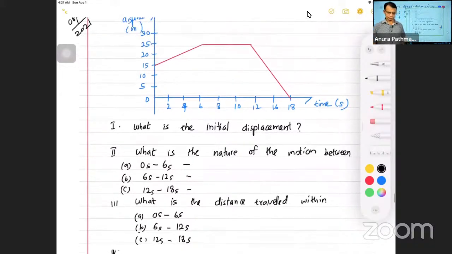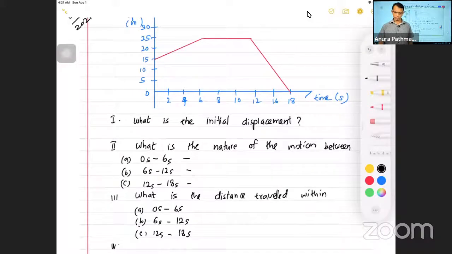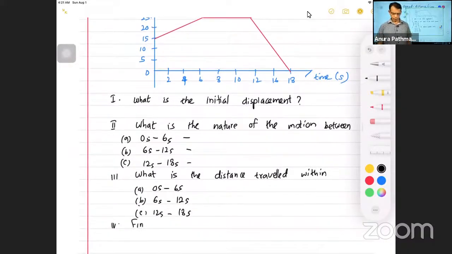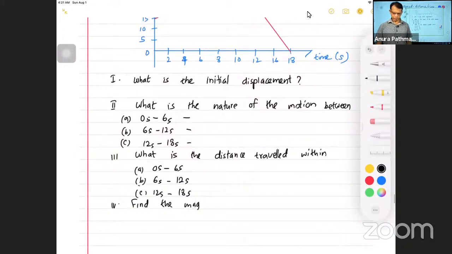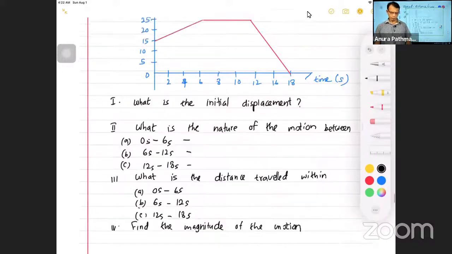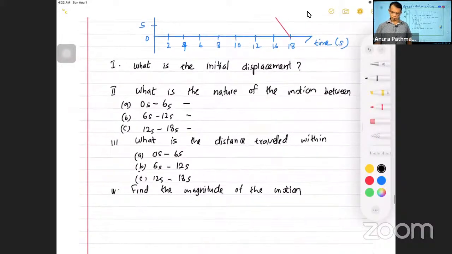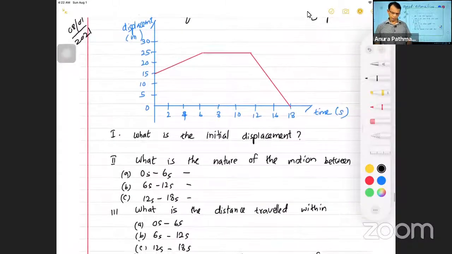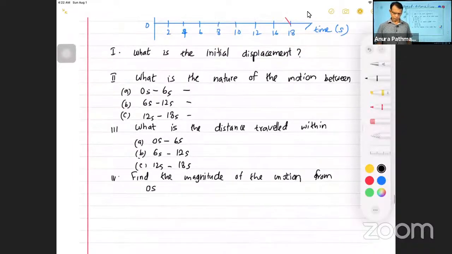And question number 4. Find the magnitude of the motion from 0 second to 6 second.